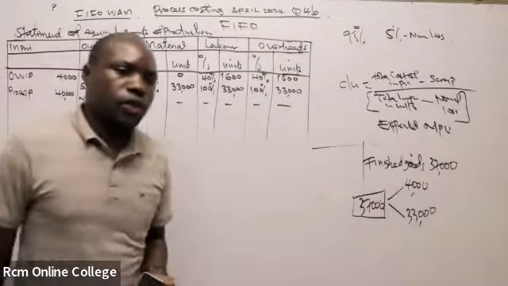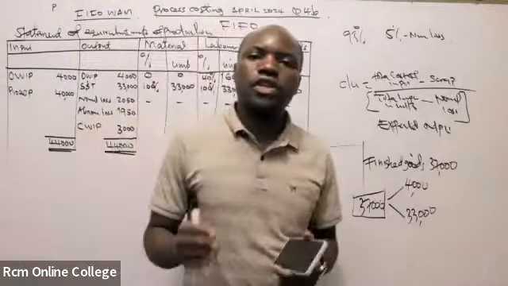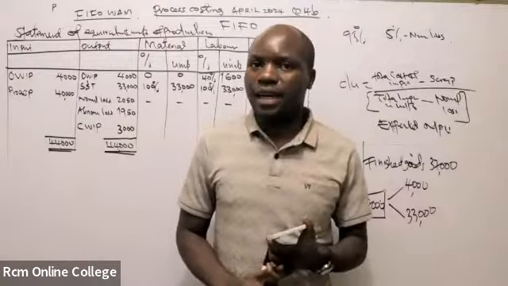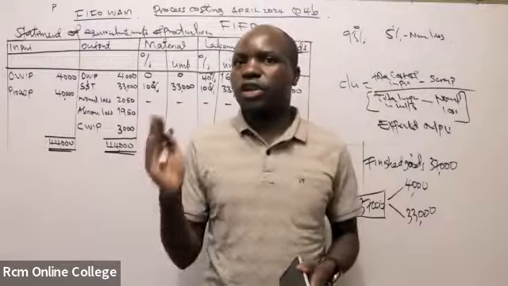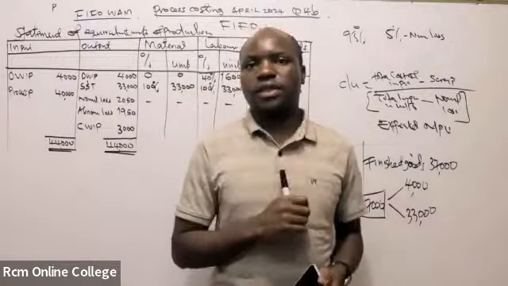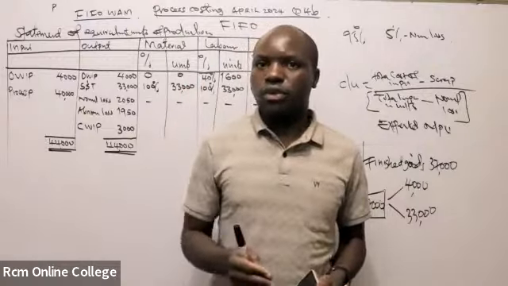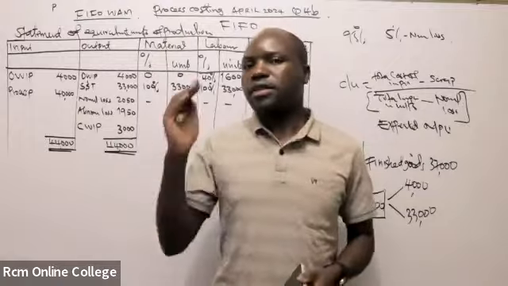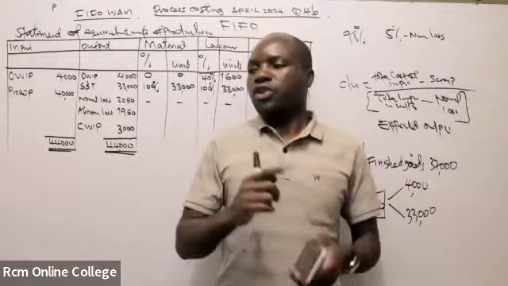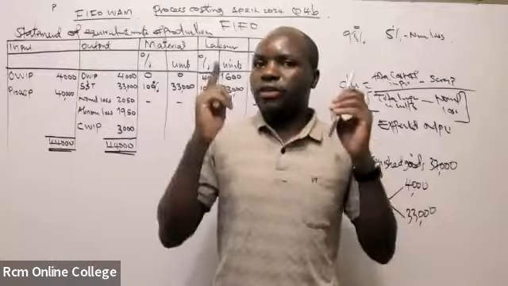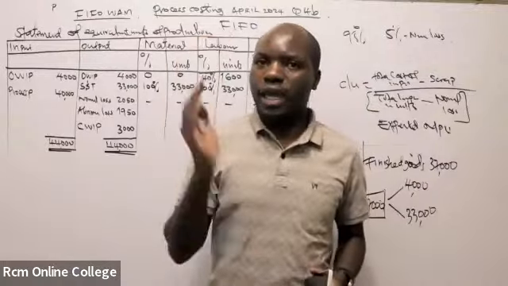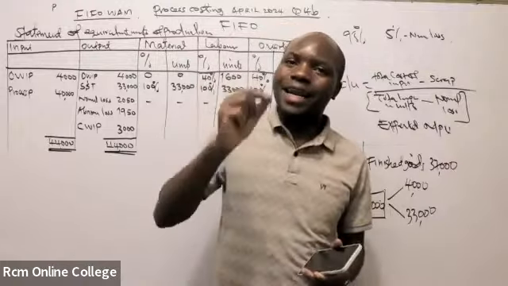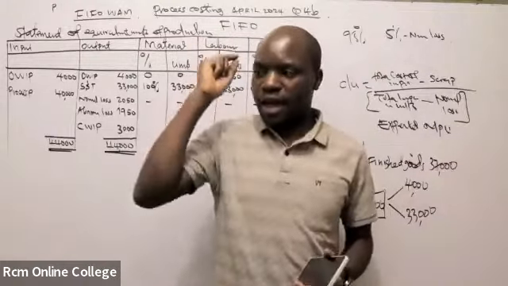The abnormal loss is basically producing goods of substandard quality. But these goods pass through all the processes during the production process. These units were subjected to all the stages during the production. So if I'm not given percentage of completion for the abnormal loss, or for the abnormal gain, I will use 100% for every item.